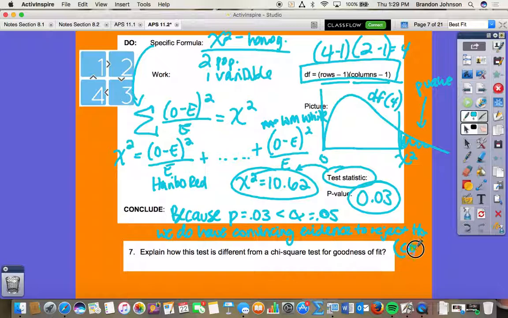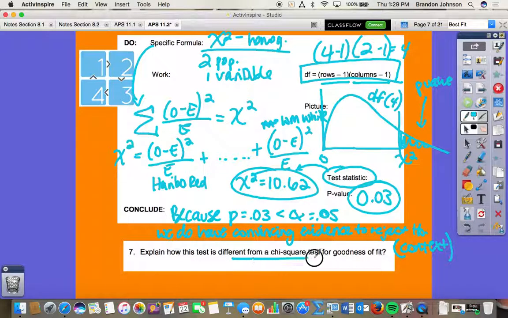Put a little context to it, right? So if I was to say something like that, I know I don't have room here, but I would say convincing evidence to reject H0, which states that the distribution of gummy bear colors between Haribo and Walmart are the same. We can reject that, right? We have convincing evidence to accept the alternative that they are, in fact, not the same, okay? And then go from there.